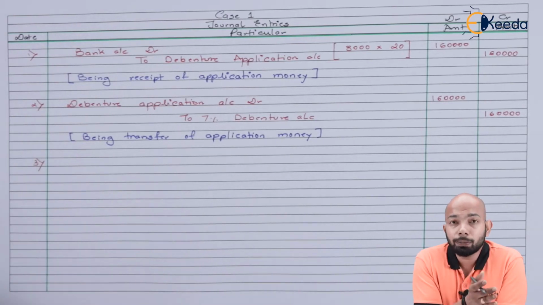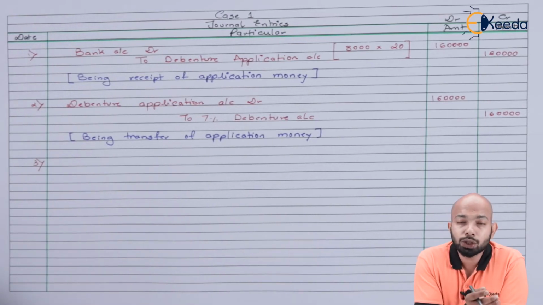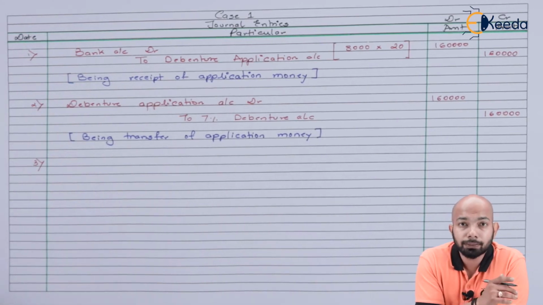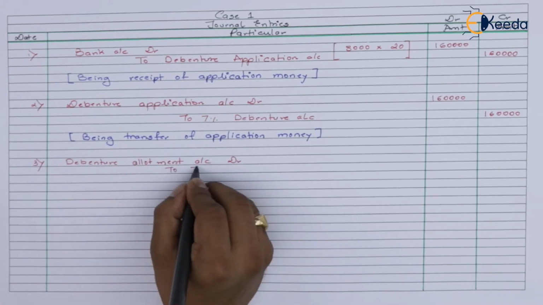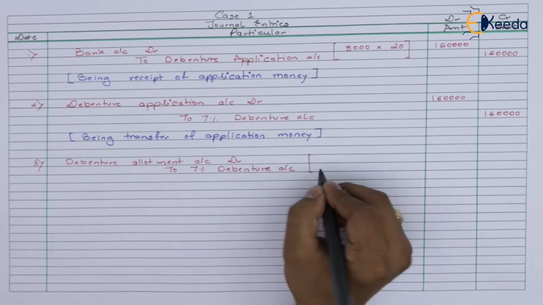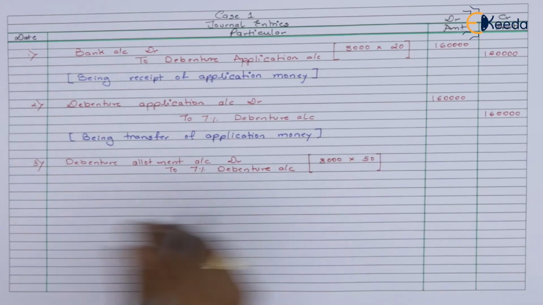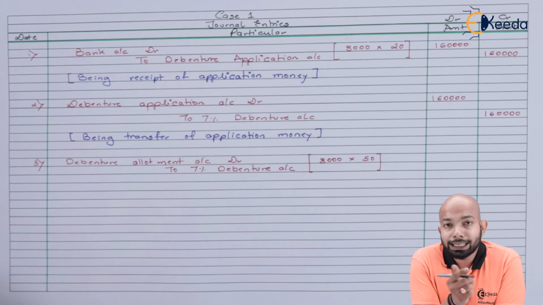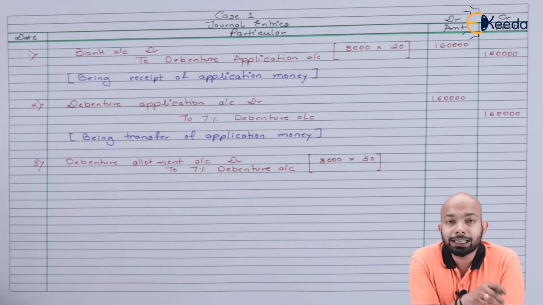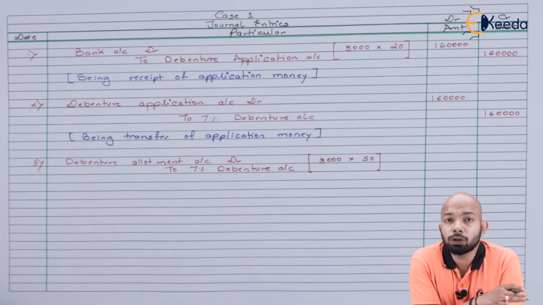Now, when you're dealing with allotment due, it will be only for 8,000 shares because that is the only allotment that can be done and not 10,000 here. Now, the allotment money has been mentioned as rupees 50. Hence, 8,000 multiplied by 50 is something that we are expecting out of allotment here.